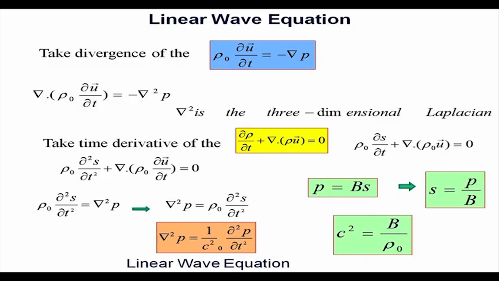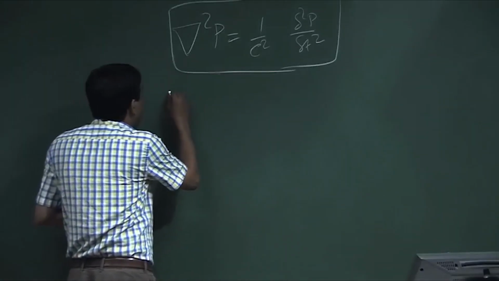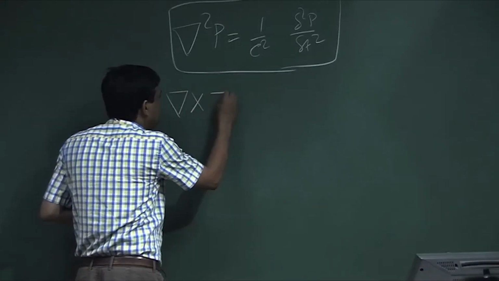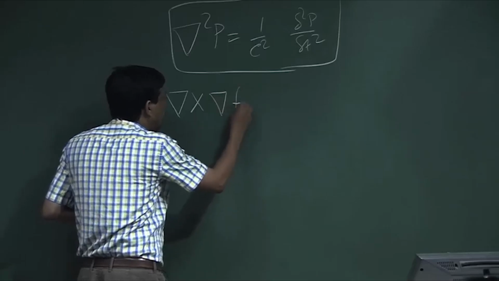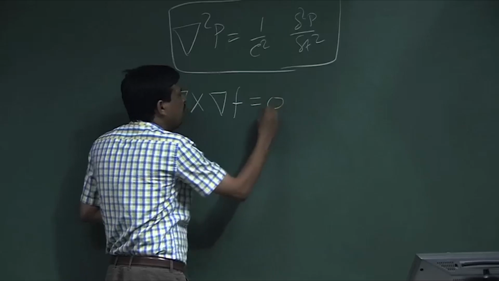Now, an interesting property we should know is the velocity potential. What is velocity potential? The curl of a gradient of any function is equal to 0. That is the mathematical proof.